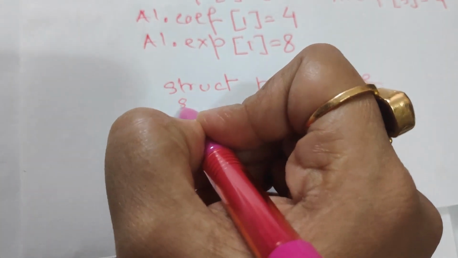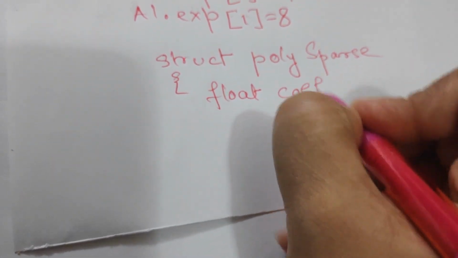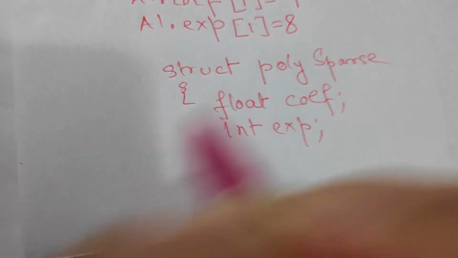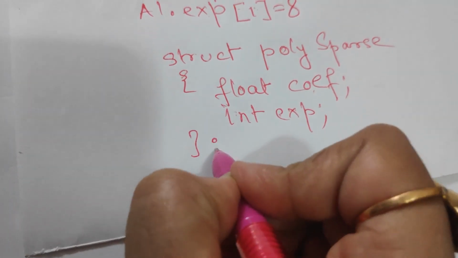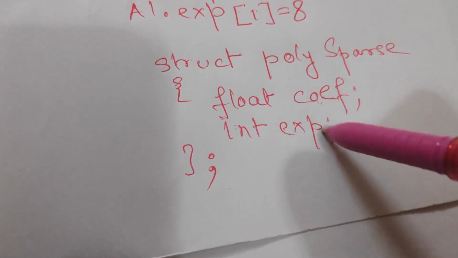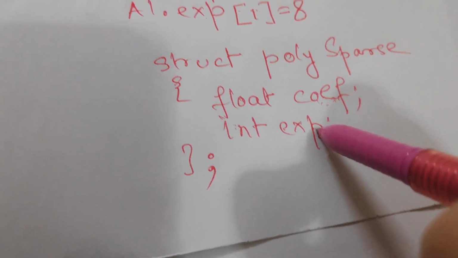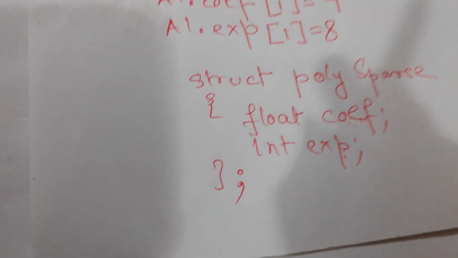and inside the structure we will take a coefficient part and we will take an exponent part, and you see we will not make these as arrays. We will not take these two as arrays. We will simply take these as variables, right?